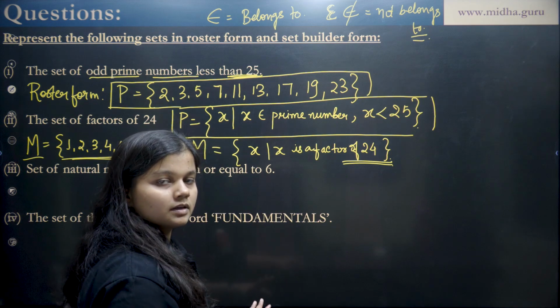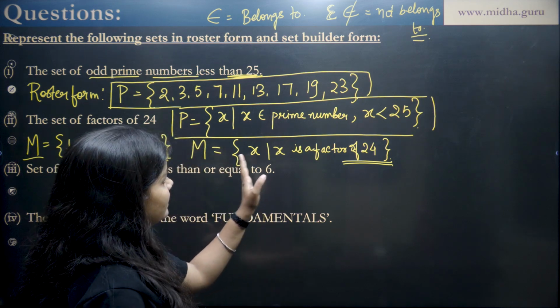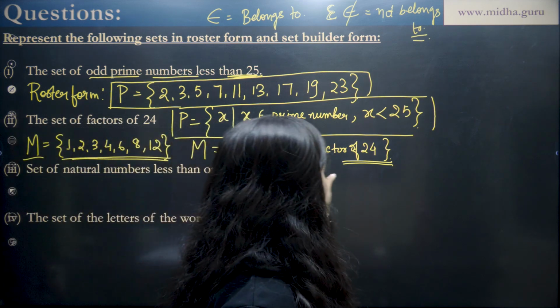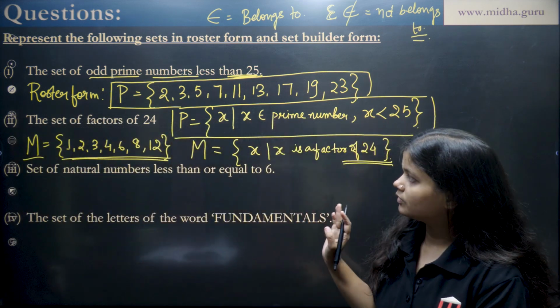That's it. Clear? x such that x is a factor of 24. This is how we can write it in set builder form.